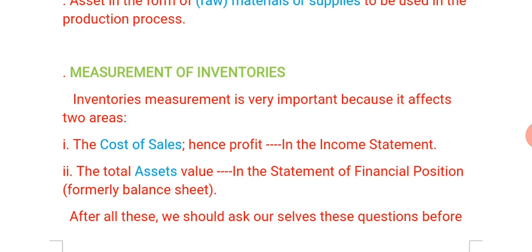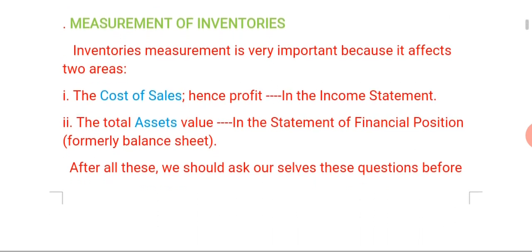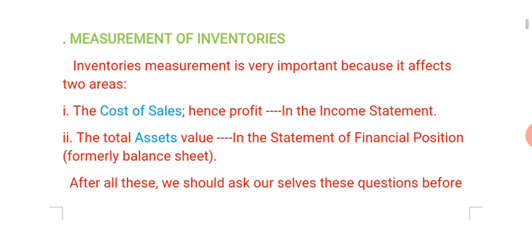And these are the two areas inventory affects. So the measurement of inventory is very important because it affects two accounts, two out of the mandated five by IAS. So two is very significant when preparing statements. So inventory is very significant, and to get the measurement is very significant.